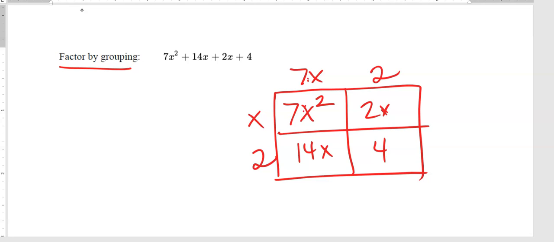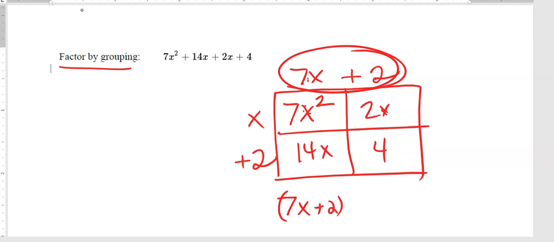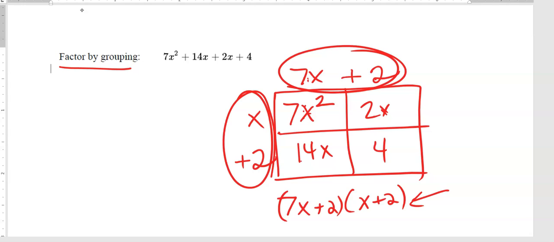So, for example, 7x is touching 7x squared. That's positive. 2 is touching 2x, that's positive, so that's positive. And this also will be positive because it's next to 14x, and 14x is positive. So my factoring is 7x plus 2, which is my top row, times x plus 2, which is my column. We get the same answer, just a different way of getting there. And you could also check this one by multiplying.